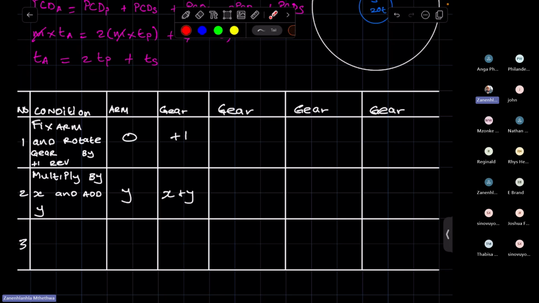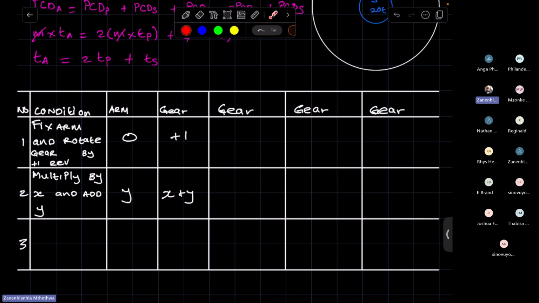So instead of writing that whole story, we simply say by +1 rev. So this stands for 1 revolution clockwise. For gears, clockwise we take as positive, anti-clockwise we take as negative.